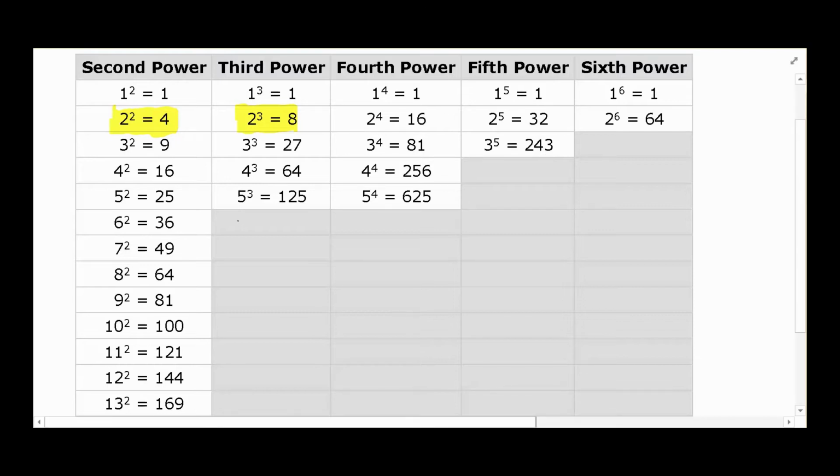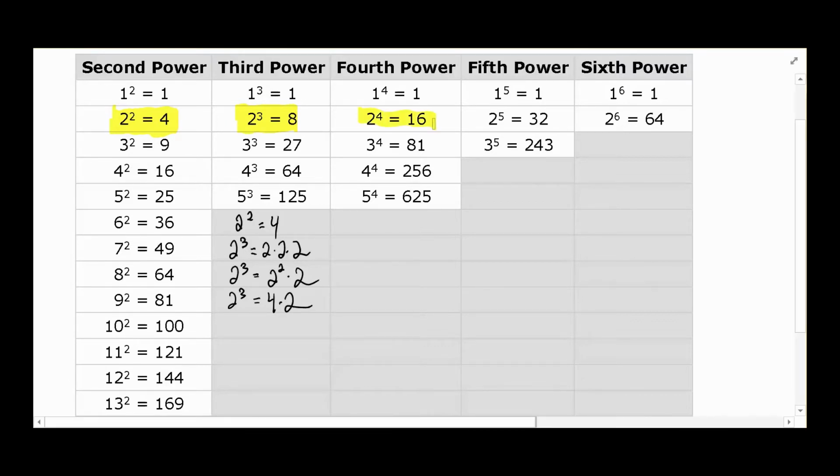If we know that 2 squared is 4, then 2 cubed, which is 2 times 2 times 2, would just be 2 squared times another 2. So that means 2 cubed is just 4 times 2. So if we know what the square is, we know what the previous one is, we're just going to say multiply by 2 one more time.